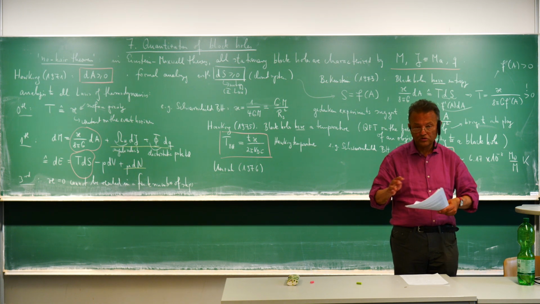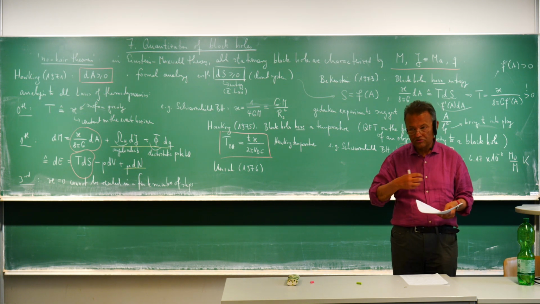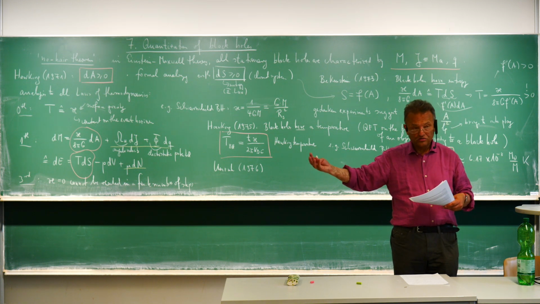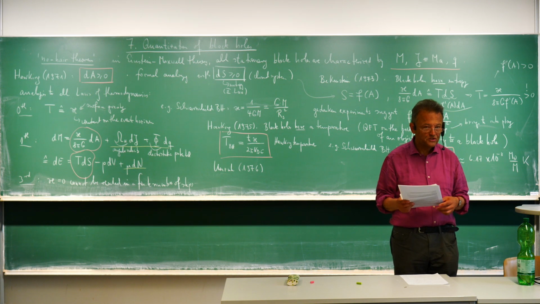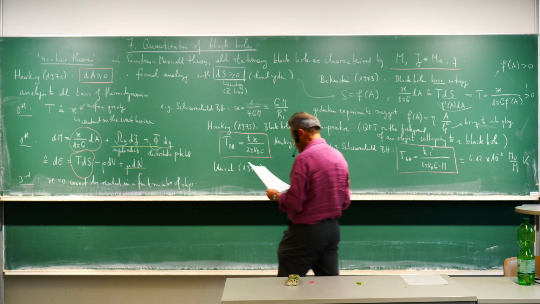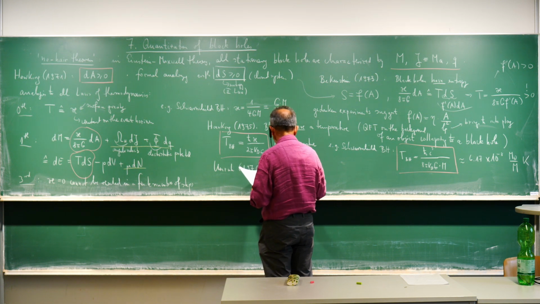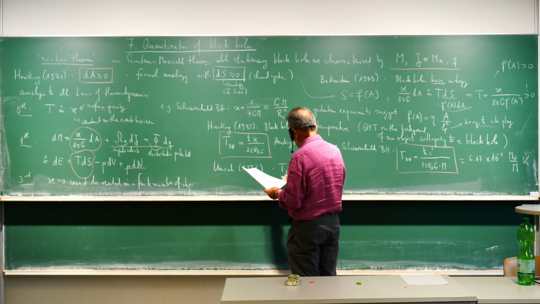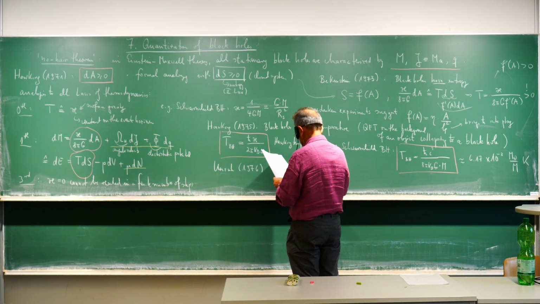If you have a Minkowski vacuum, just the empty state in quantum field theory, and you move through this not with a constant velocity but with a constant acceleration, then you see particles, distributed with a certain temperature. This is the Unruh or Davis-Unruh temperature, T_DU, equal to h bar a over 2 pi k_B c.